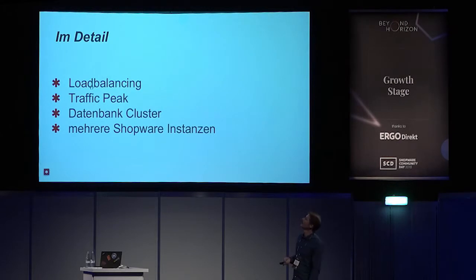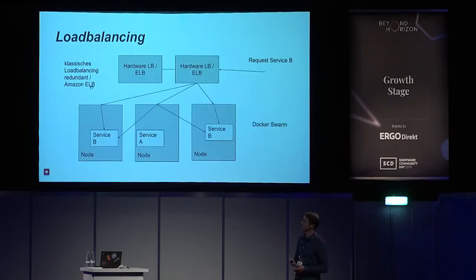And now I'm going to cover some technical details, I'm afraid. So when you look into clusters, of course, load balancing is an important issue. I just wanted to show you how we've done it.